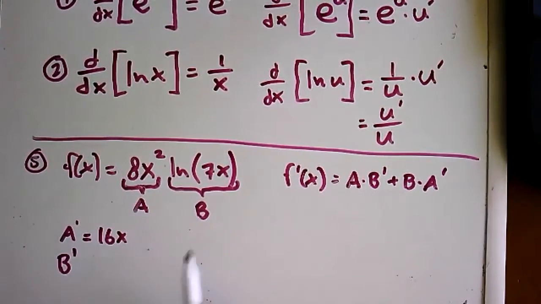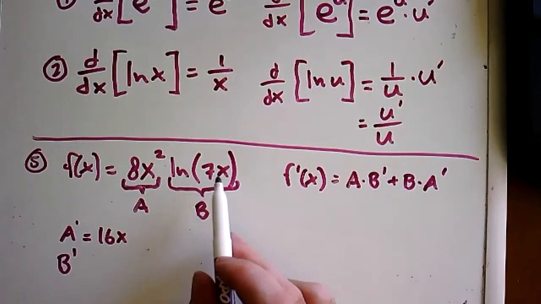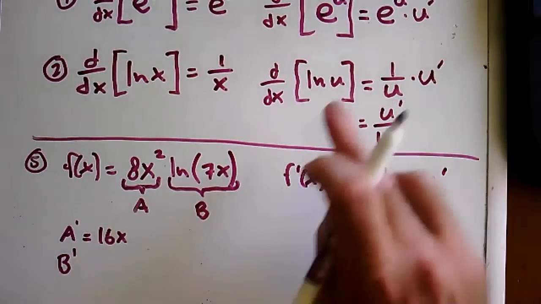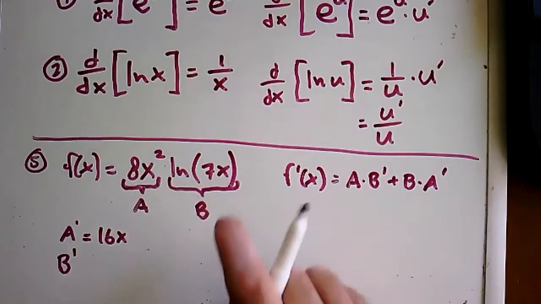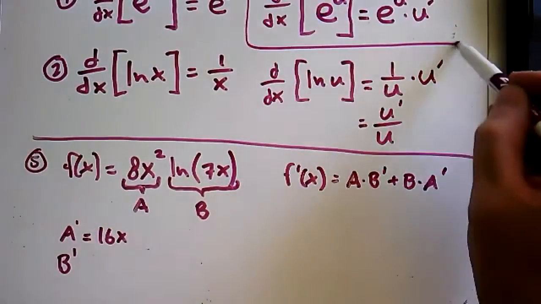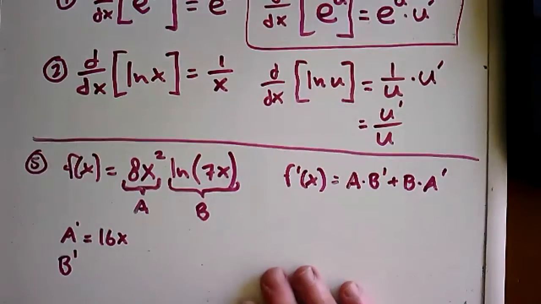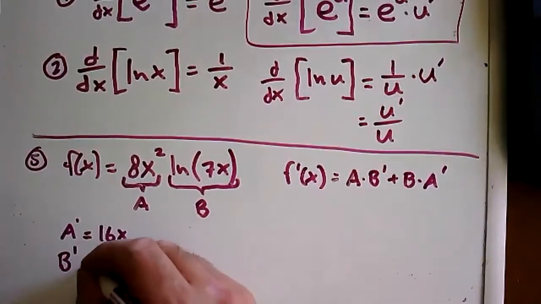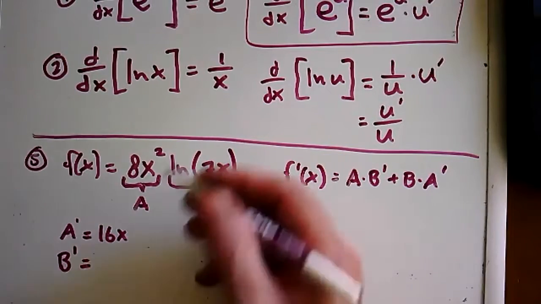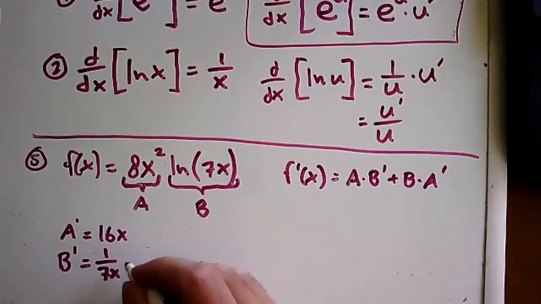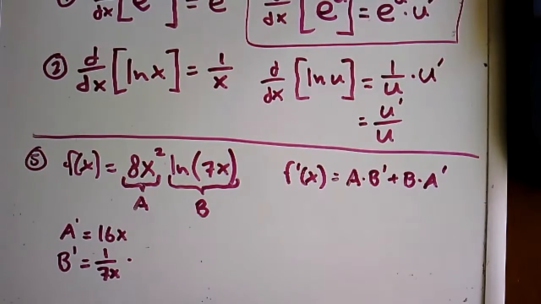And B prime, okay, so B is natural log of 7x. So just looking back up here, I don't have natural log of x, I have natural log of u, where u is 7x. So I'm going to use my derivative right here, letting u be 7x. Sorry, bring it down so you can see it. And so then B prime would be 1 over u, so 1 over 7x, times the derivative of 7x, so times 7.